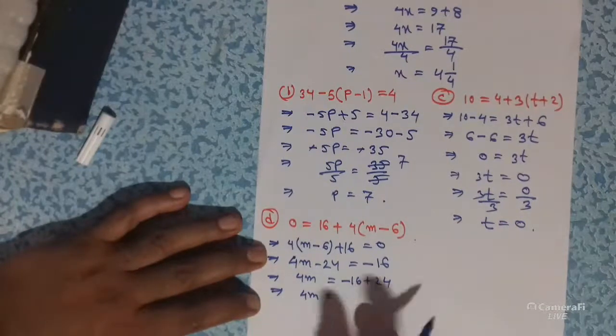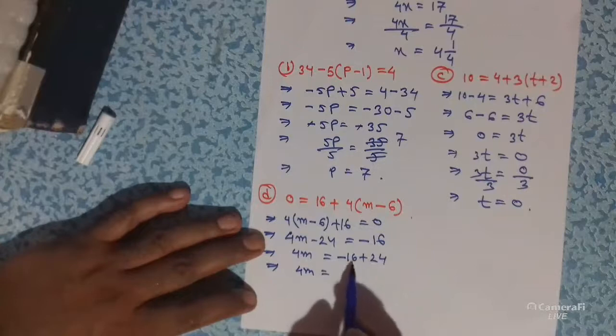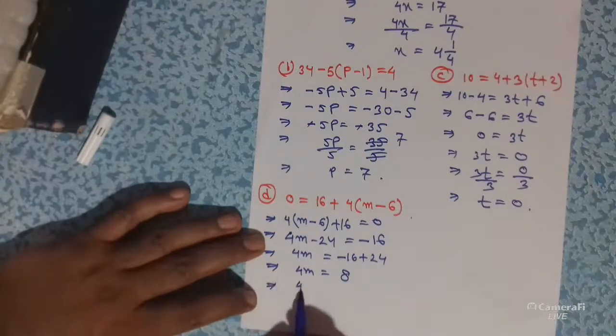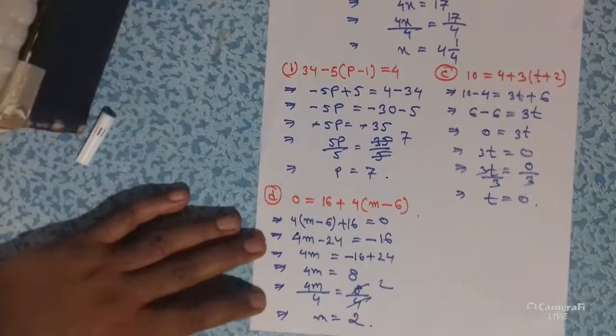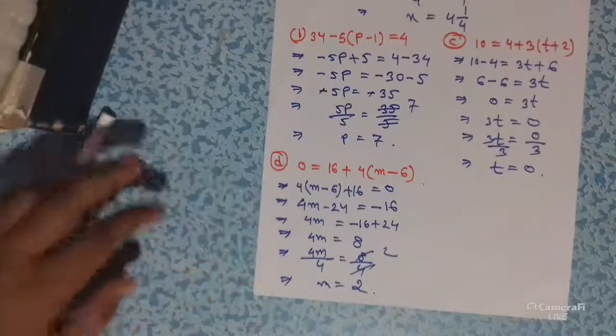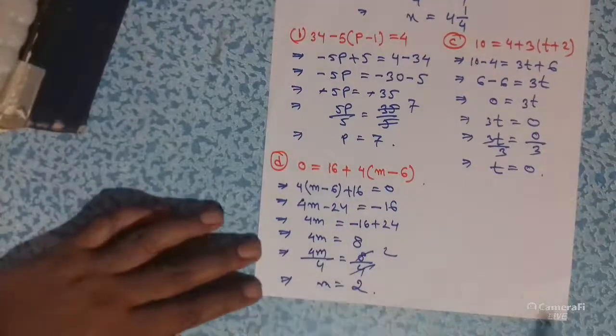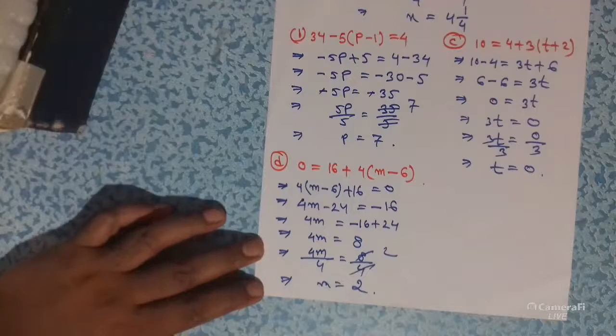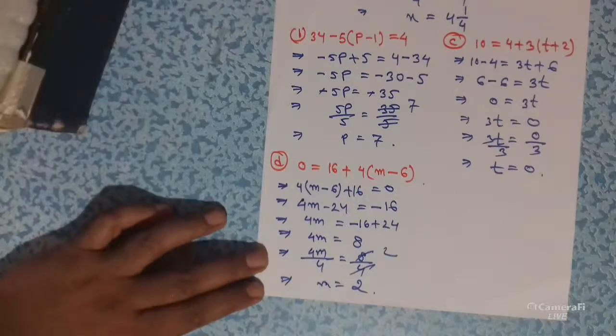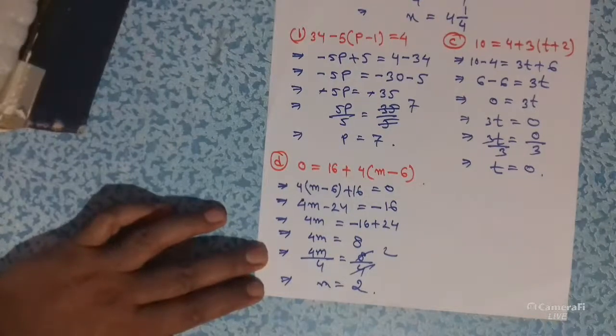Now 4m is equals to, subtract 16 from 24, so it will be 8. Now divide both sides by 4, so m is equals to 2. So m is equals to 2 is the right answer, students. Maximum students have sent that m is equals to 2 is the right answer. Okay, very good, students, you have done well.